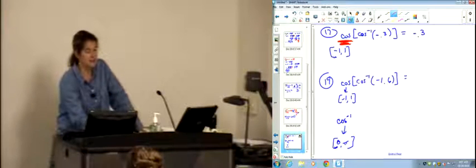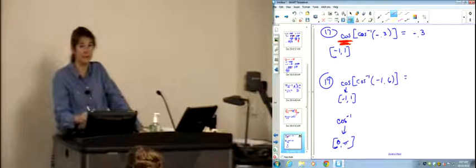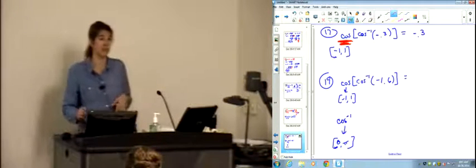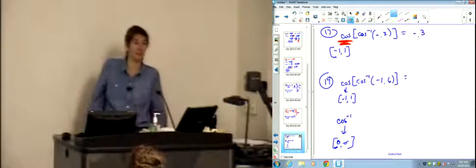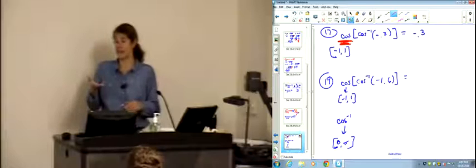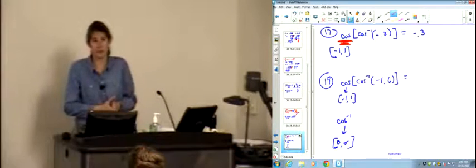So we're looking at values from -1 to 1 because of the range of the cosine function. The graph of the cosine function goes from -1 up to 1. Same with a sine function on the outside.